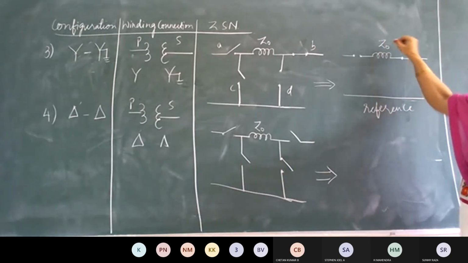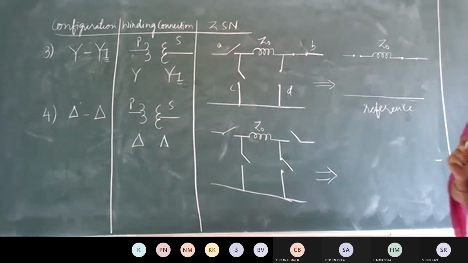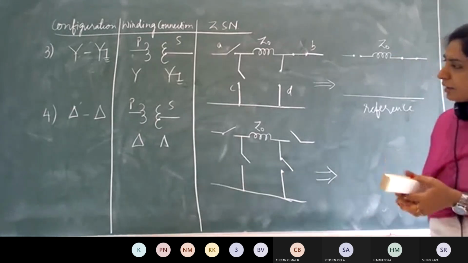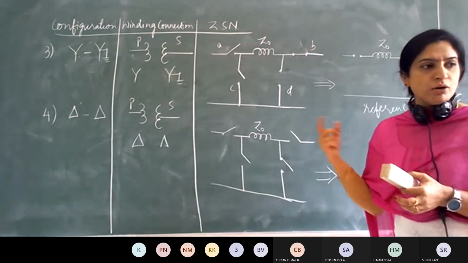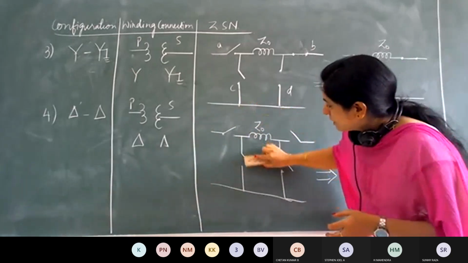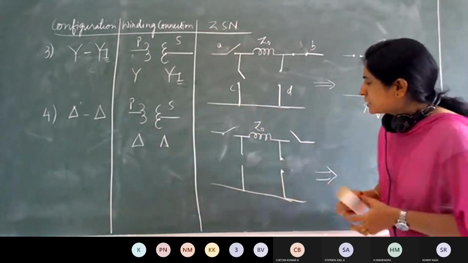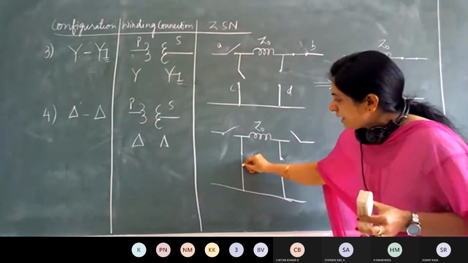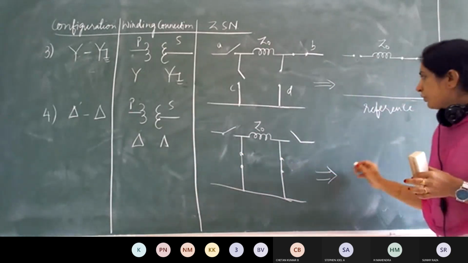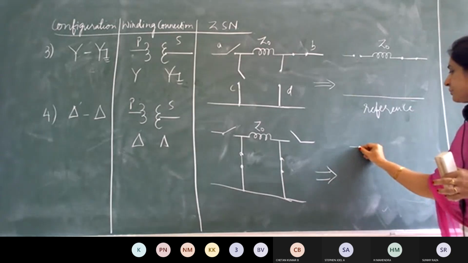And this is Z. Now the next configuration which I have given, delta delta. The primary side is delta connected and the secondary side is also delta connected. Then the switches to be kept closed here are C on the primary side and D on the secondary side.